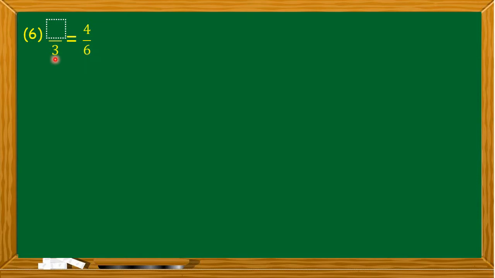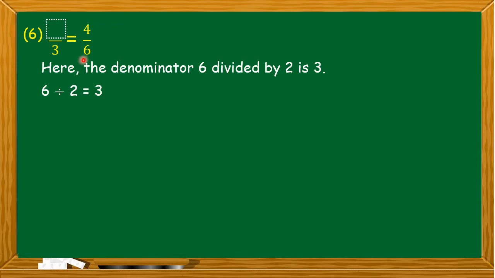Now here the denominator of the missing numerator is 3, which is smaller than the denominator of the second fraction. Hence, we have to find out the number by which when 6 is divided gives the answer 3.